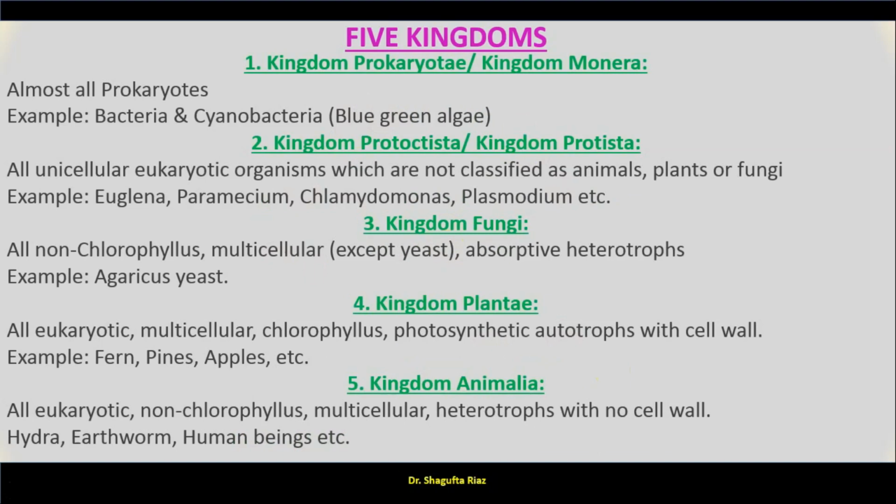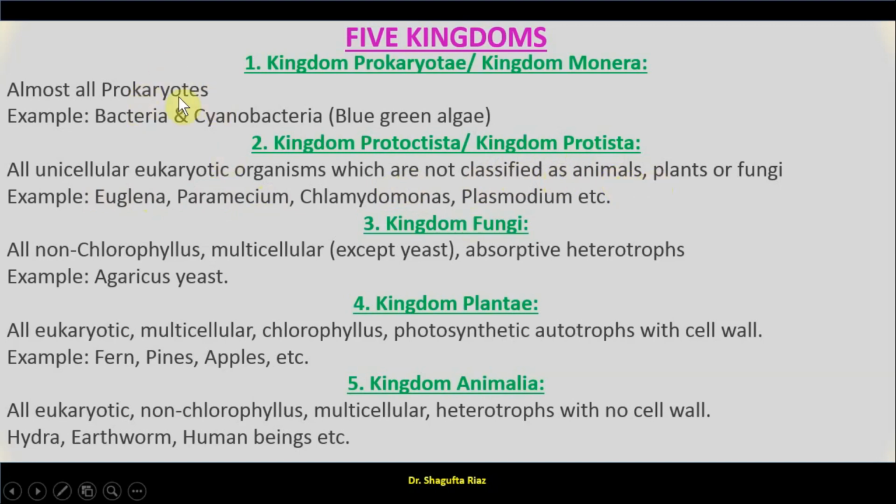Prokaryote or kingdom Monera. This kingdom includes almost all the prokaryotes, for example bacteria and cyanobacteria, which are also called blue-green algae. Kingdom Protoctista, also called kingdom Protista, includes all unicellular eukaryotic organisms which are not classified as animals, plants or fungi, right?